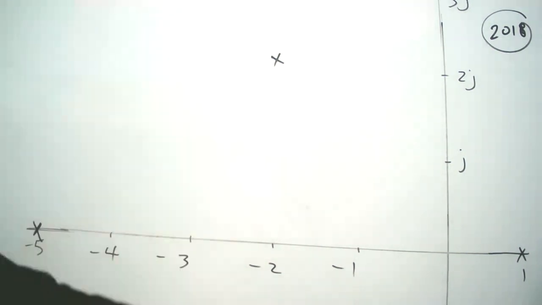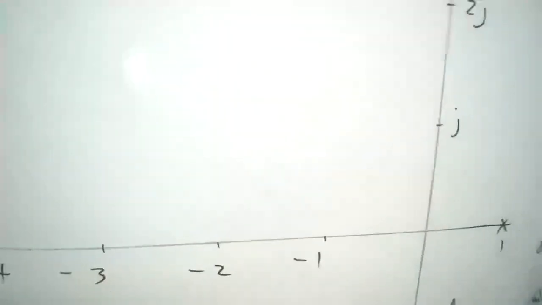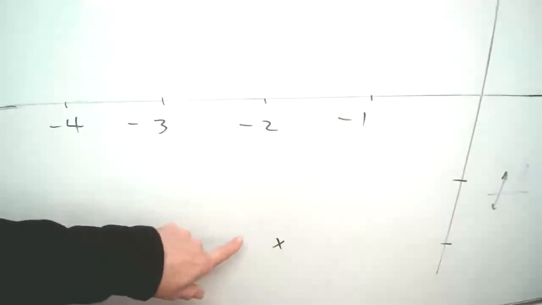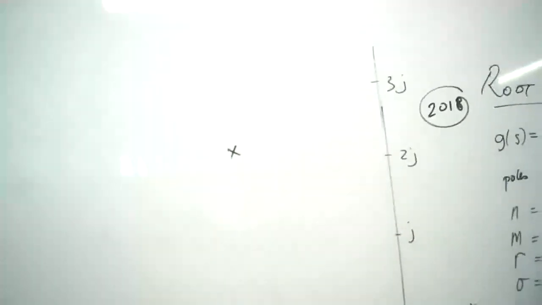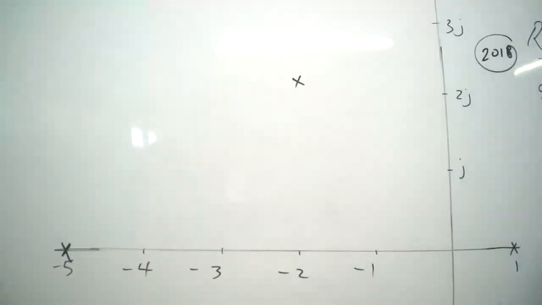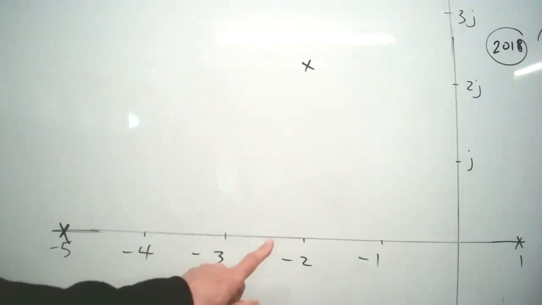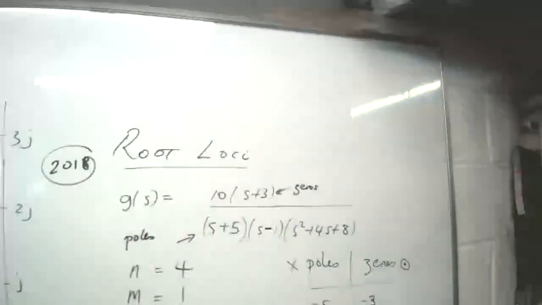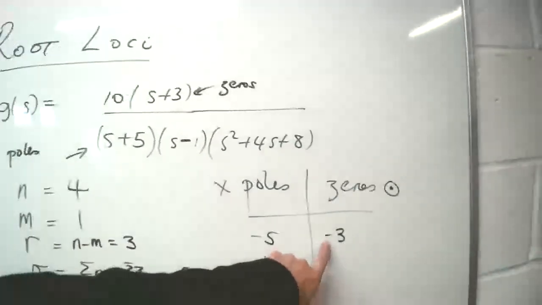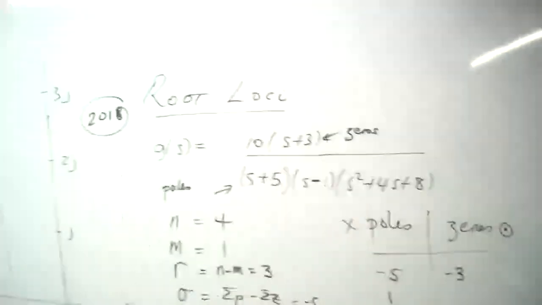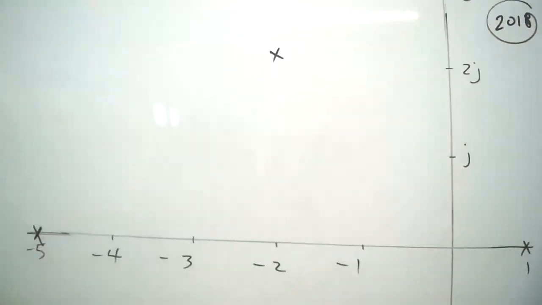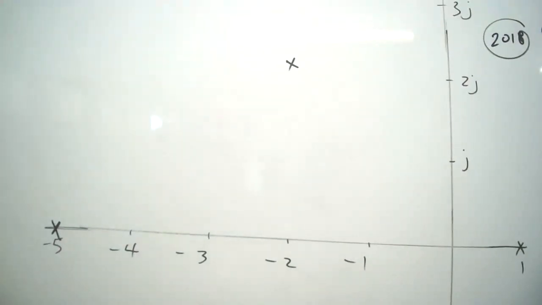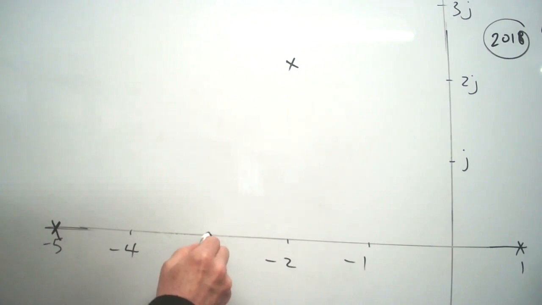So I've got 1 up here, and there's another one down here somewhere, but I can't quite fit it on my camera. Anyway, there are our 4 poles, and we've got a zero, and the zero was at -3. So we can put that one as well, and the zero is a dot with a circle around.